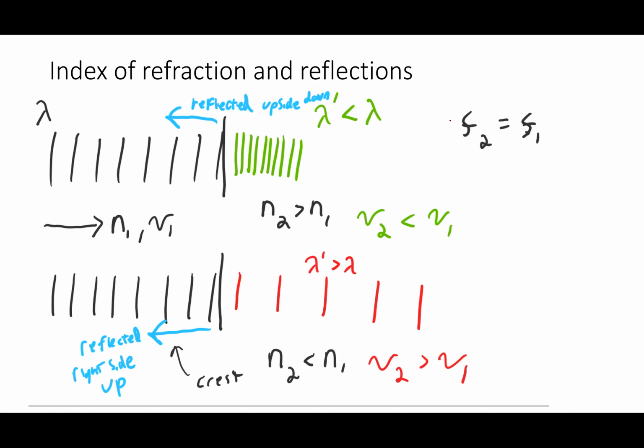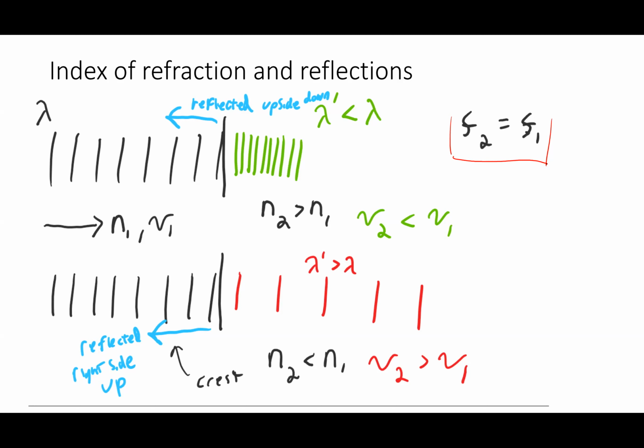Just like we had before, the timing between two crests doesn't change, and so the frequency is going to stay the same from one medium to the other. The wavelength, however, is going to change. Specifically, if the wave slows down, the wavelength is going to get shorter. If the wave speeds up, the wavelength is going to get longer. So when we're talking about waves traveling in other mediums, we care about the wavelength in that medium.